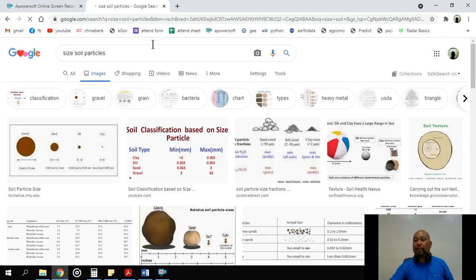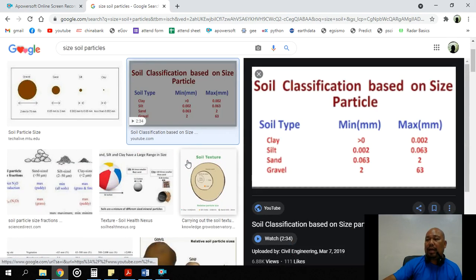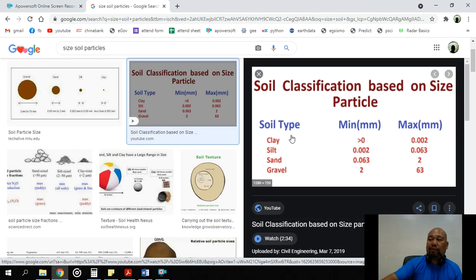Let's see. There, this one. Okay, this is from ISSS or USDA, the United States Department of Agriculture, or ISSS, the International Soil Science Society. So clay basically has no minimum, okay?